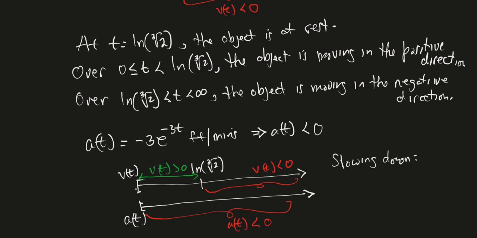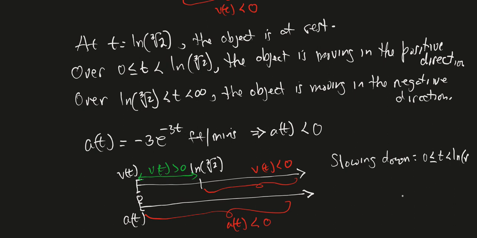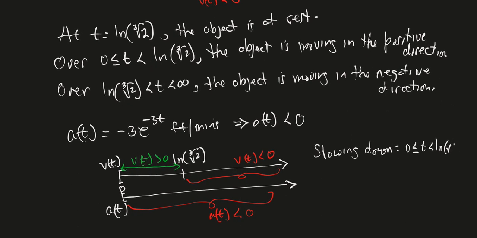It's slowing down between 0 and our ln of the cube root of 2, like this. And we wouldn't include this endpoint because we know at that instant it's at rest. Oh, no, that's not the square root of 2, it's the cube root of 2, right?